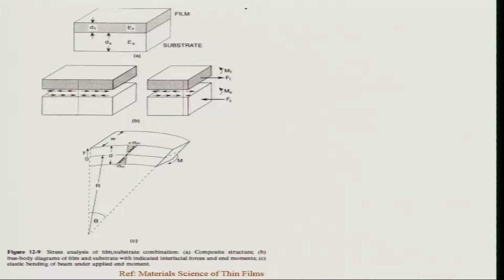So let us say material properties are such that the film thickness is df and Young's modulus is Yf, and this is for the film, and for the substrate the thickness of the substrate is ds and Young's modulus is Ys. So based on this, the stresses and the null plane where there is no stress, we can determine which kind of stresses would be present based on these bending moments for the film and the substrate.